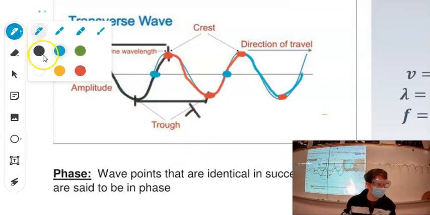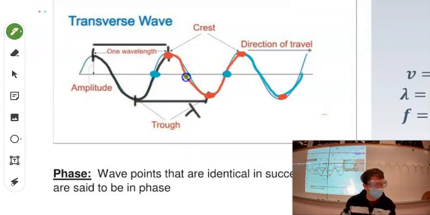However, here is the tricky bit. Although these 2 blue points are in phase, they are not in phase with the green points. And this is why. I want you to try and imagine this. So we have the wave moving in this direction. Now as it moves in this direction, this point is going to fall, and this point will fall.